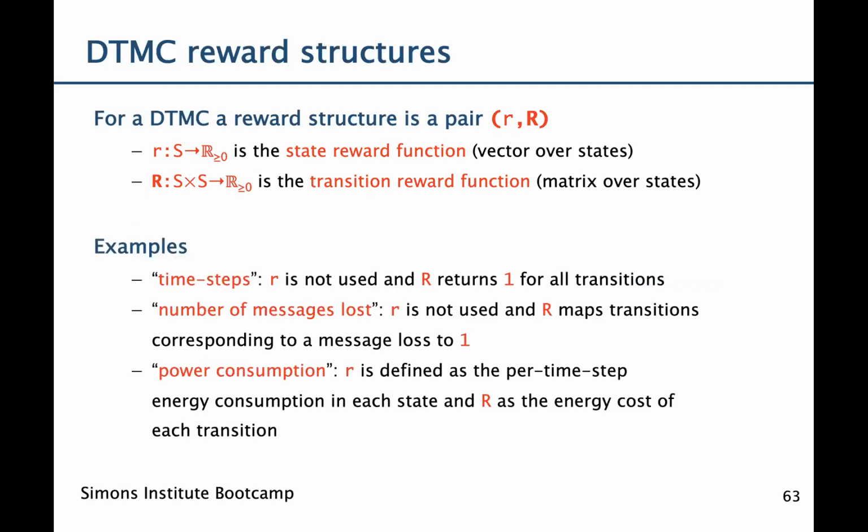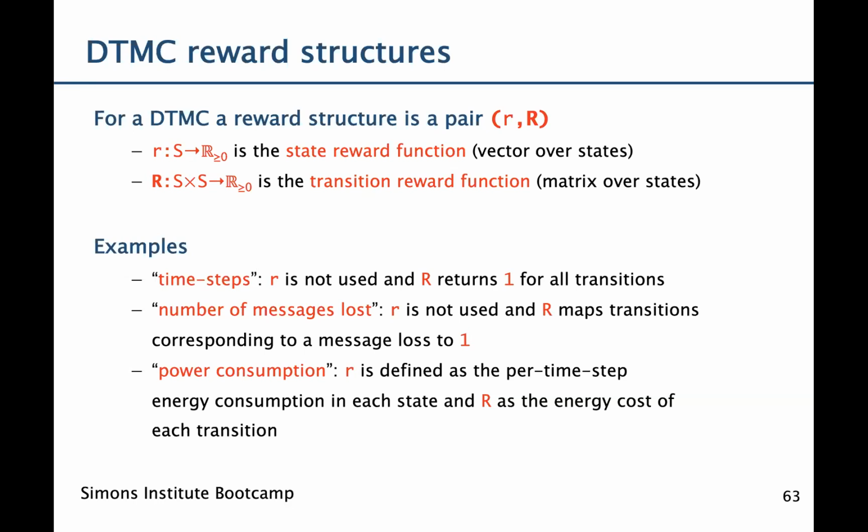So just to give some concrete examples, if we wanted a reward structure for time steps, then the state reward function wouldn't be used, and R would give the real value 1 for every transition. If we wanted a reward structure for the number of lost messages, then we would return 1 for every transition which corresponded to losing a message.